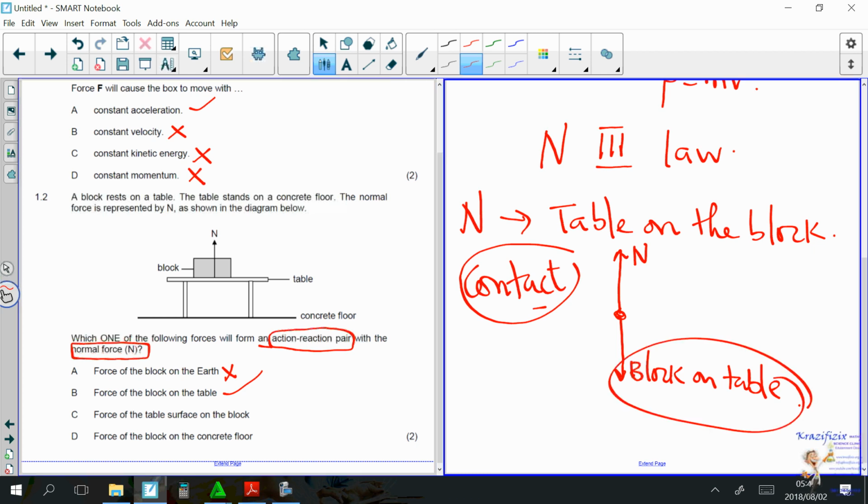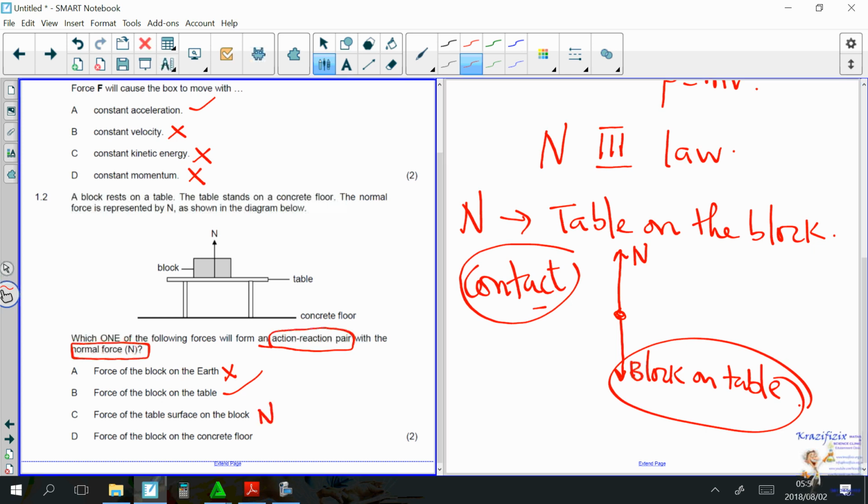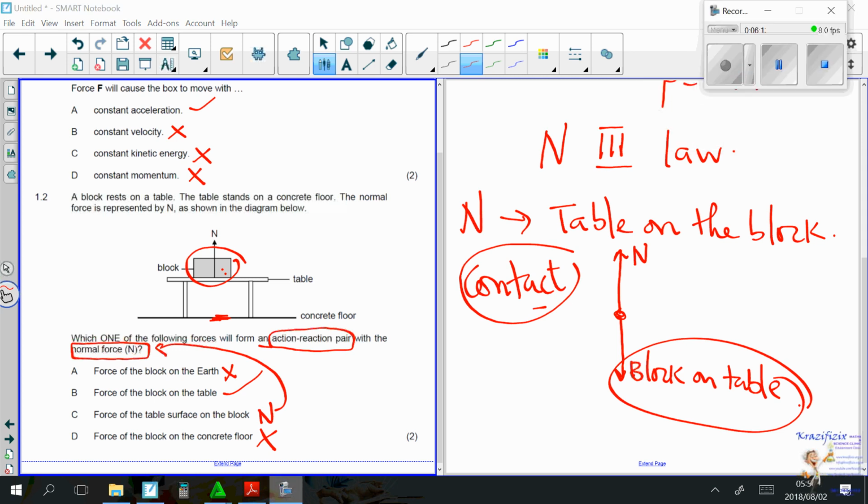But let's try to cancel the other options. Force of table, surface on the block. This is your normal force, and that's what the question is here, so we cannot repeat this. Force of block on the concrete. Now the block is not on the concrete, so the block is not actually exerting a force on the concrete. So our correct answer is B. We get it right? So action-reaction pair, Newton's third law of motion.